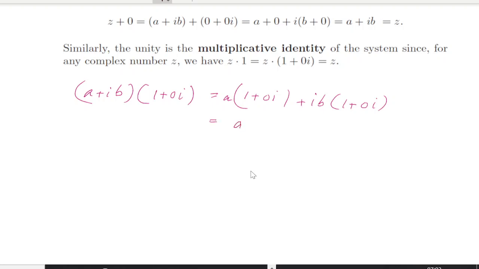So when you are distributing, this is a plus 0, right, plus here ib plus 0, whatever is coming is 0. So you are getting a plus ib. That means when you take the product with 1 plus 0i, you get the same complex number. So we can say that this is the multiplicative identity.